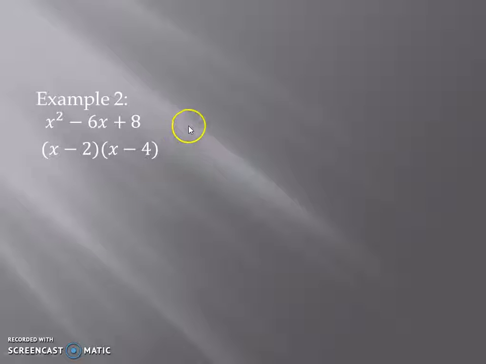Alright, now what happens if we do this the complex trinomials way? Well, we know that our numbers are -2 and -4 because we got them in here. So we'll just put them in our equation right here, replace -6x with -2x, -4x, and then we would group them.